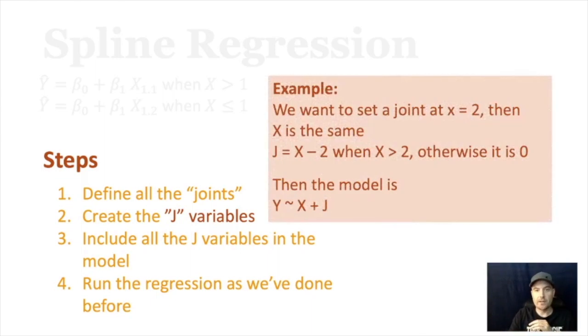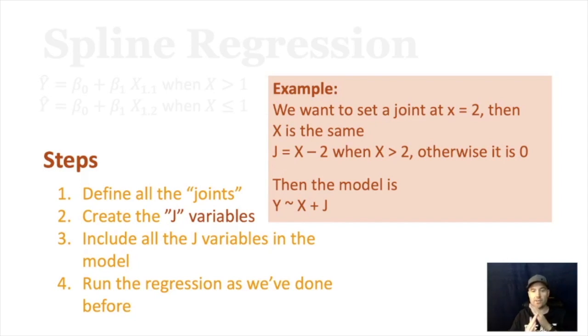So consider if we want to set a joint at x equals 2. Then x is the same. We don't change anything about x. But then j becomes x minus 2 when x is greater than 2. Otherwise, it's 0.